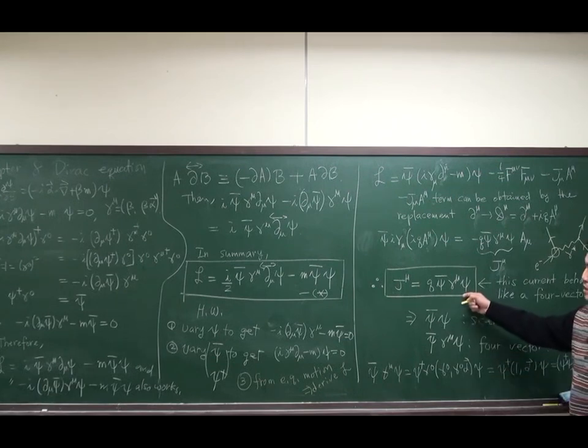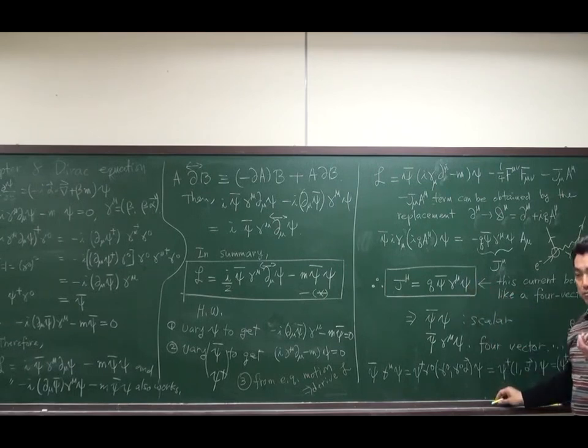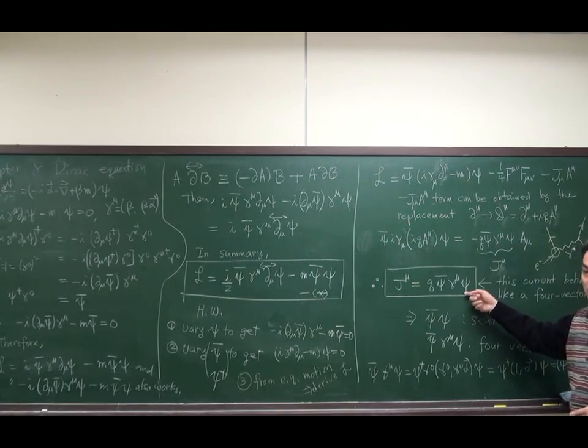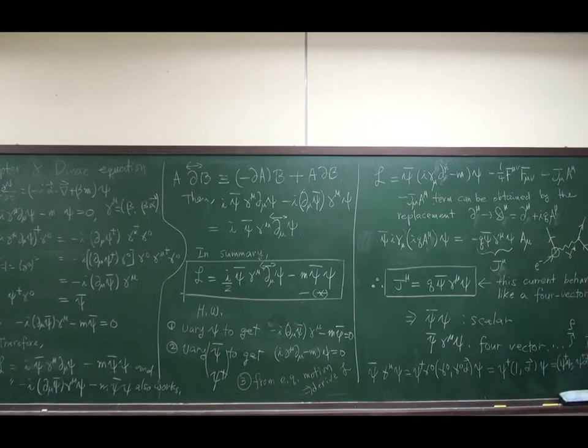And if you solve the Dirac equation, you will find that psi is composed of a positive energy solution and a negative energy solution. The positive energy solution is for the electron, and the negative energy solution is the same as the charge conjugation state.